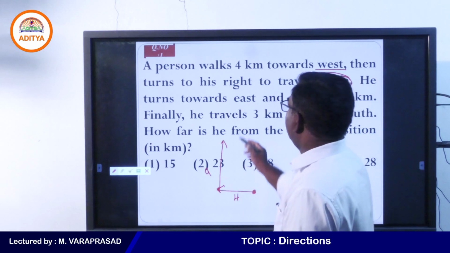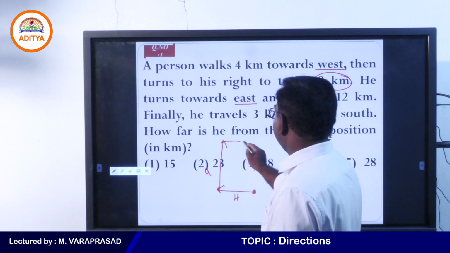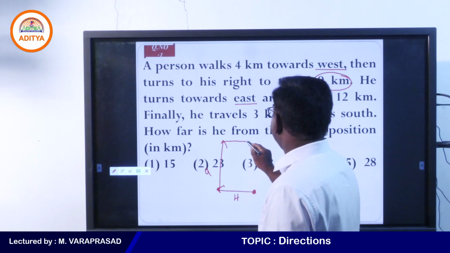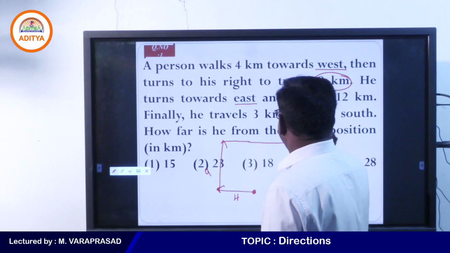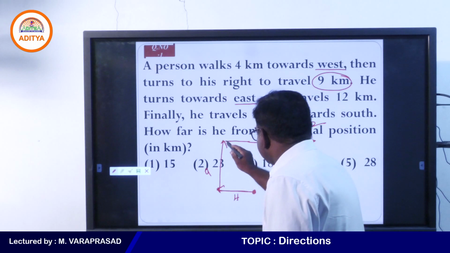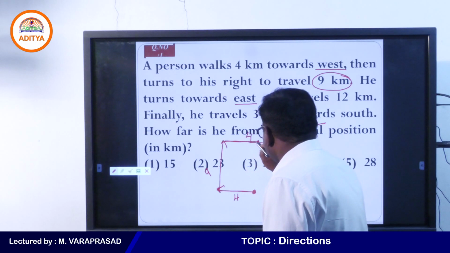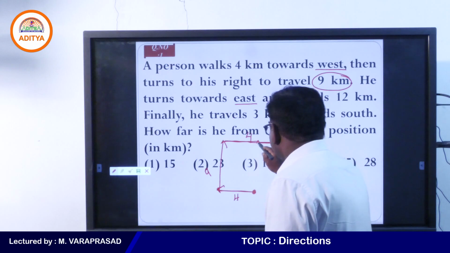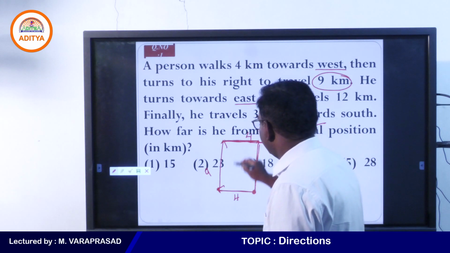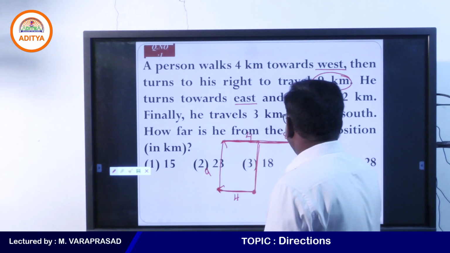He then turns towards east, your right side, and travels 12 kilometers. This is totally 12 kilometers. See, this is 4, this is also 4, and the remaining is 8.